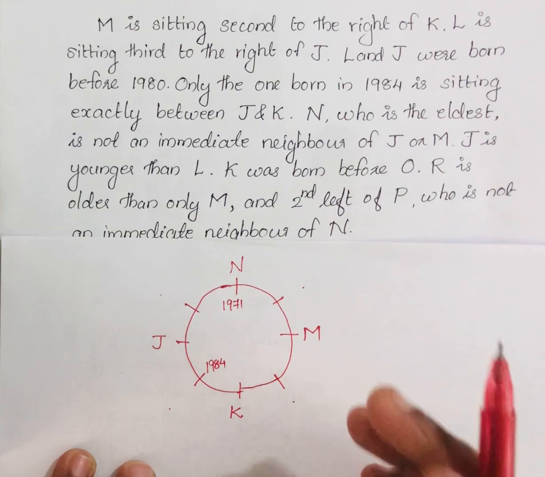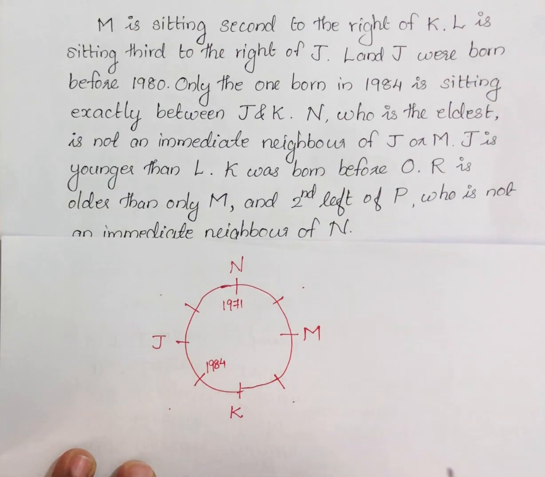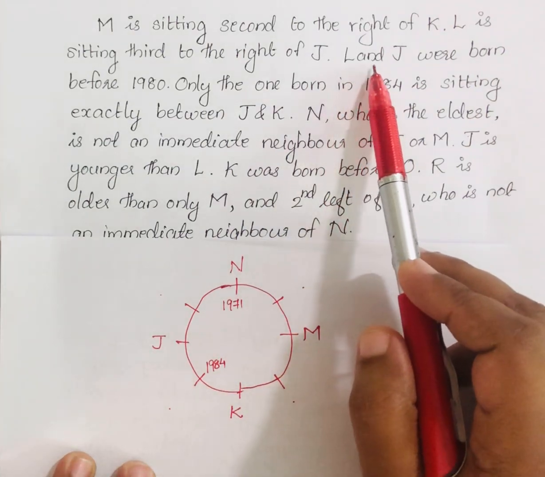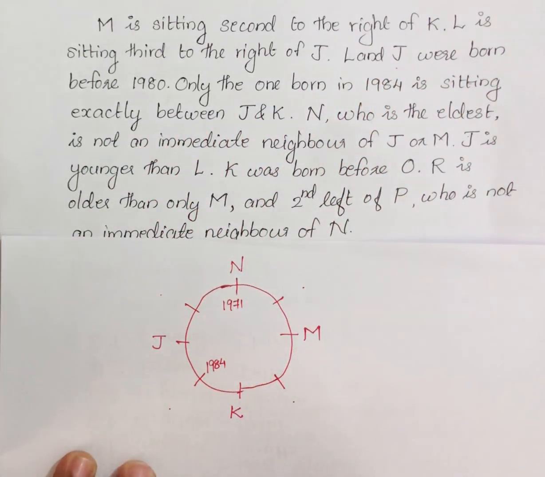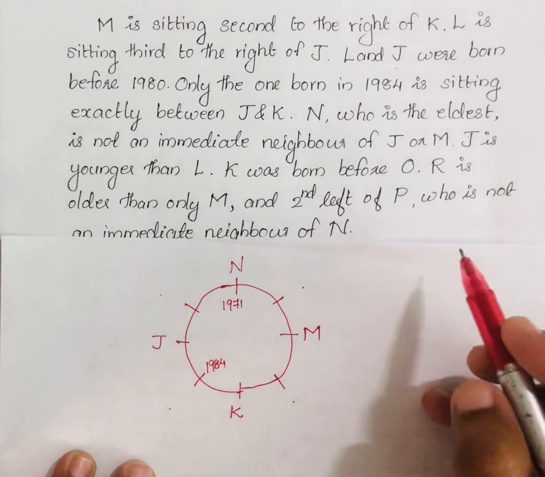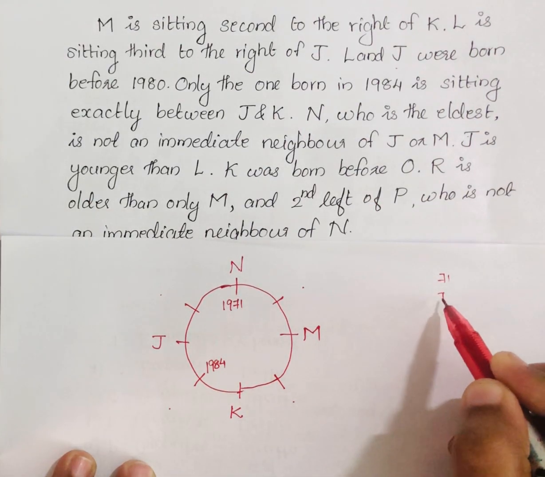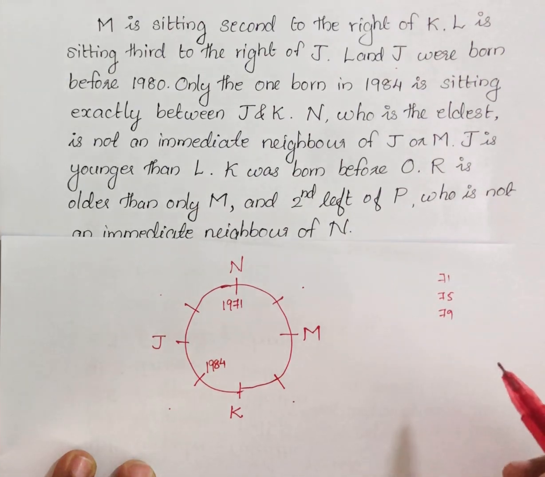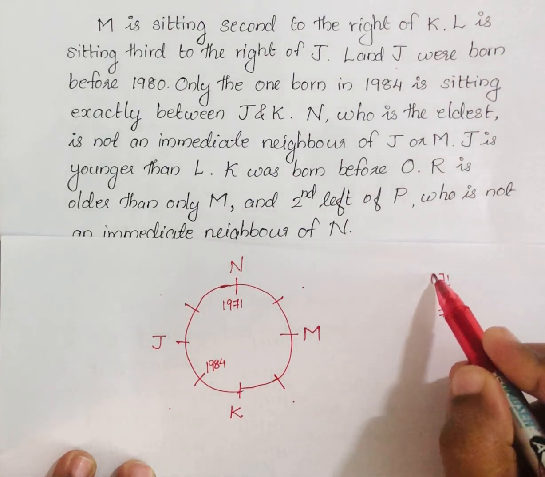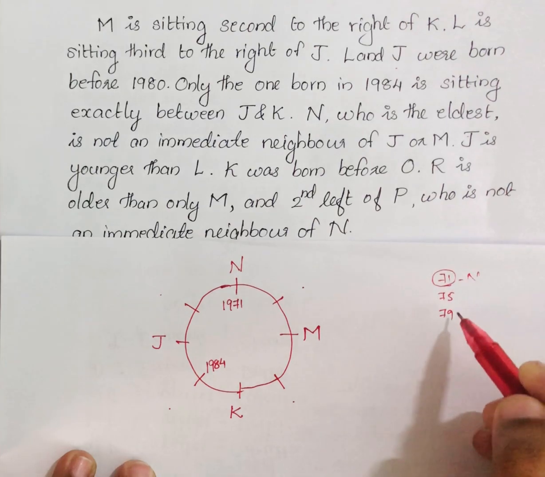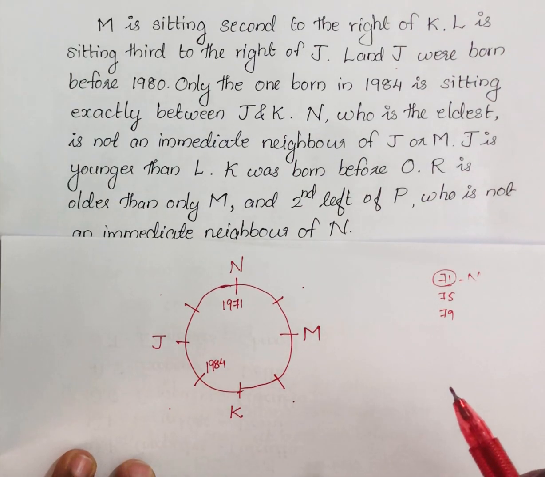We don't know which years J and L were born, but one thing is given earlier: L and J were born before 1980. So before 1980 the years given here are 71, 75 and 79. Already 71 is given for N. So 75 and 79 remain.